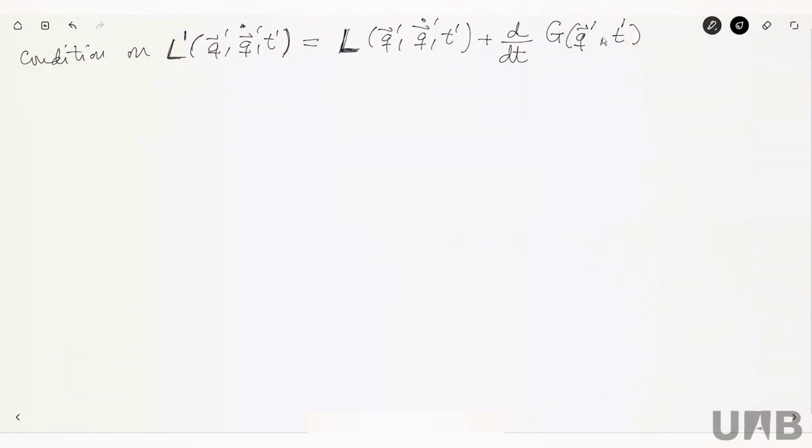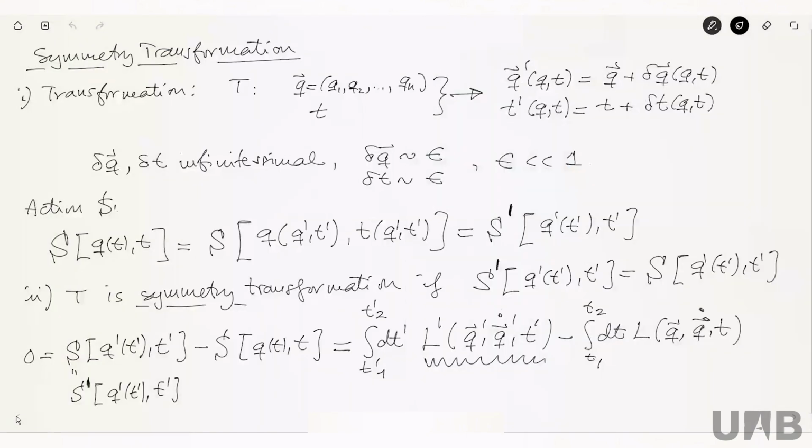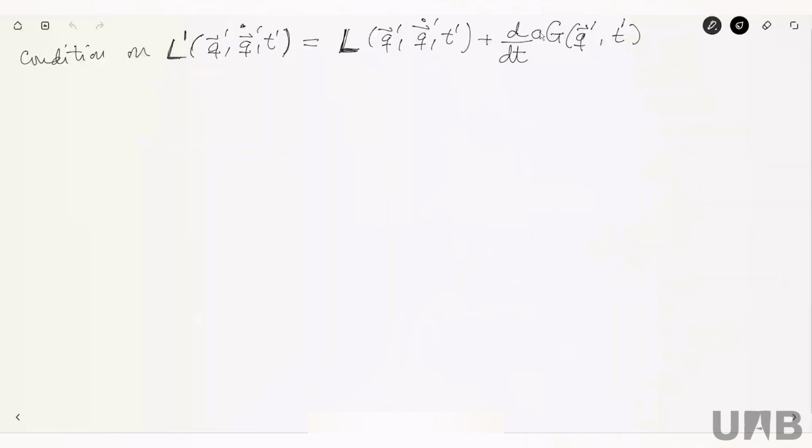But now, remember, this change from L to L prime happens as a consequence of this change of variables, these delta q's and delta t's that we have here. And these variations are infinitesimally small, okay? So that means that this function here is also infinitesimally small because it comes as a consequence of this change of variables, right?